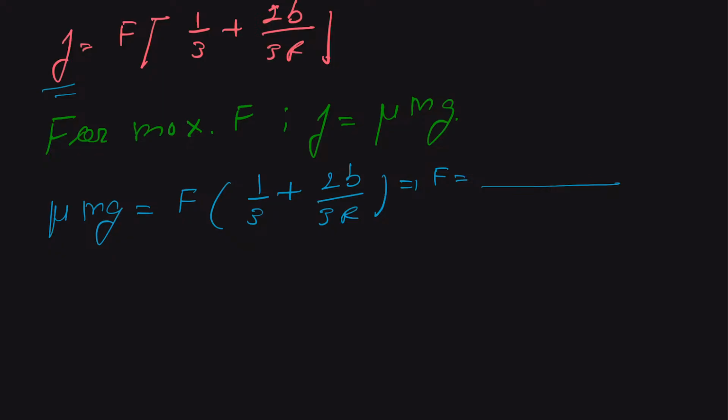So this will be coming as 3 mu R mg, and in the denominator we are going to get R plus, R is LCM, R plus 2B. Okay. So this is our maximum value of the force.